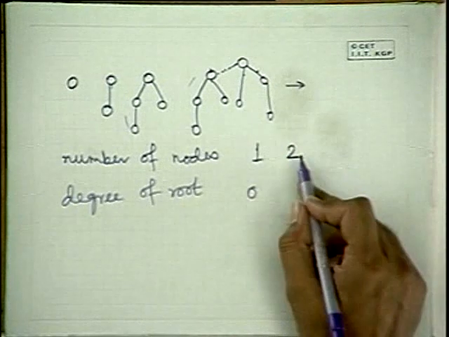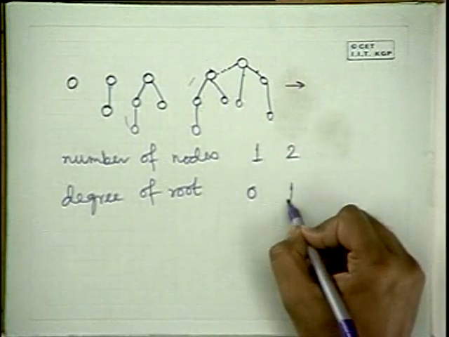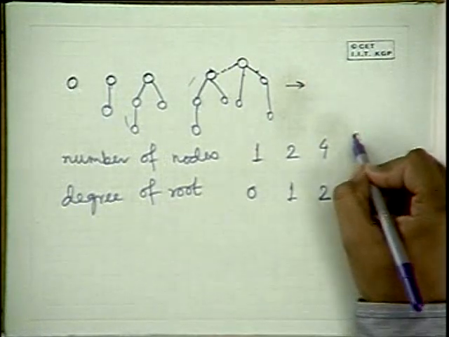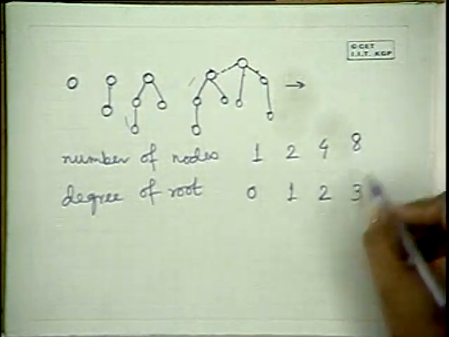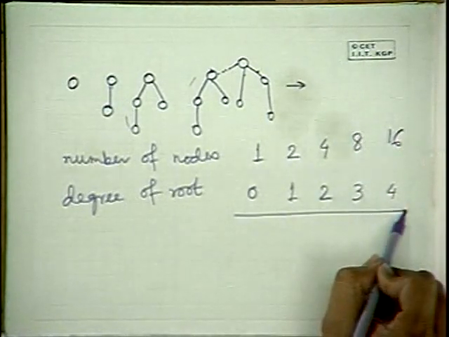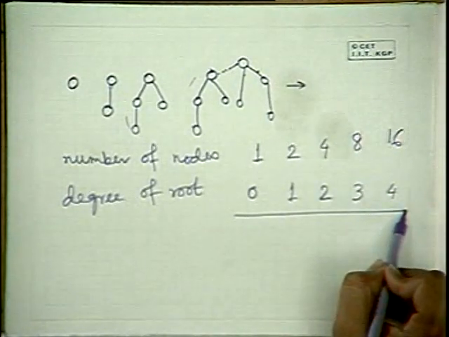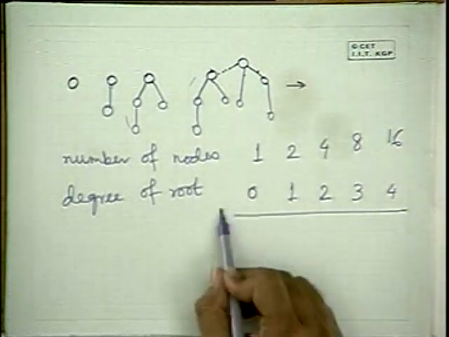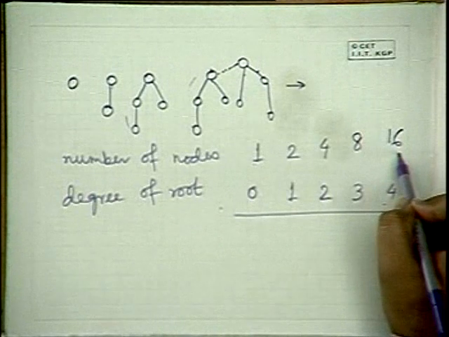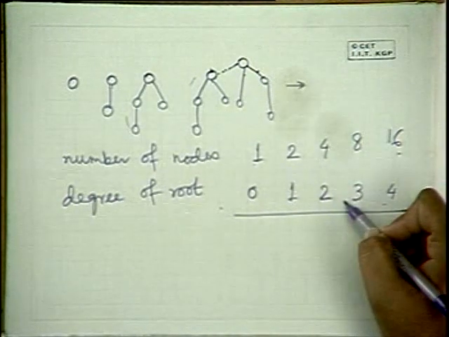Number of nodes 2, degree is 1. Number of nodes 4, degree 2. Number of nodes 8, degree 3. Number of nodes 16, it will be 4. So can you see? It is 2 to the power degree equal to the number of nodes. So if the number of nodes is n, degree is log of n.